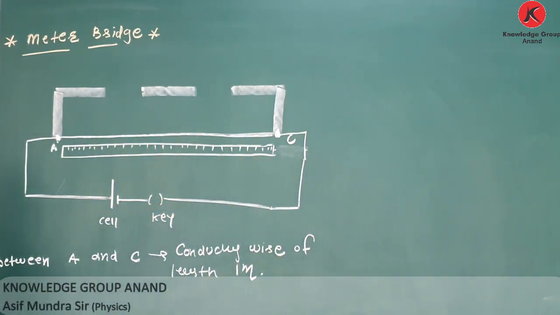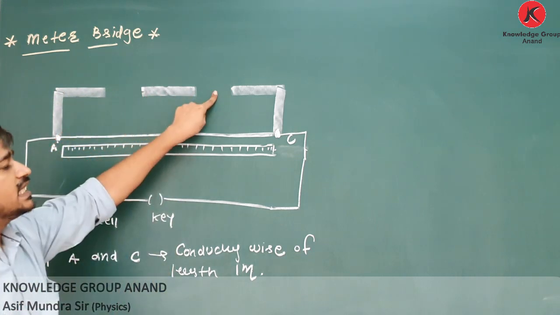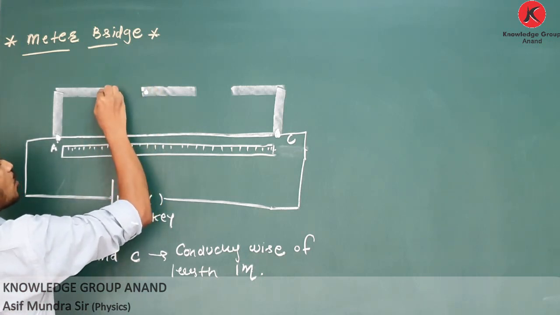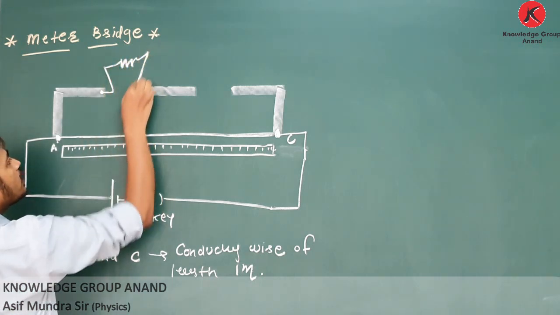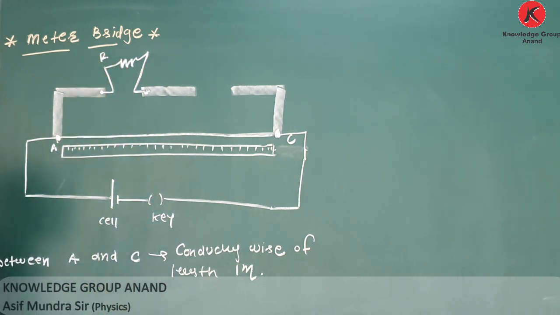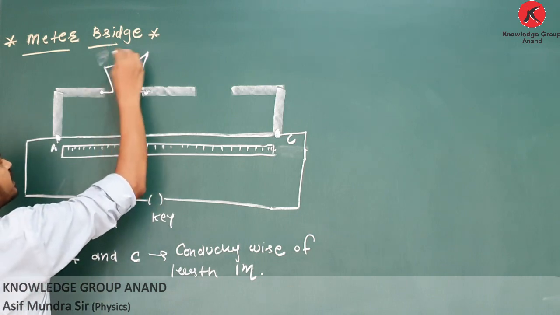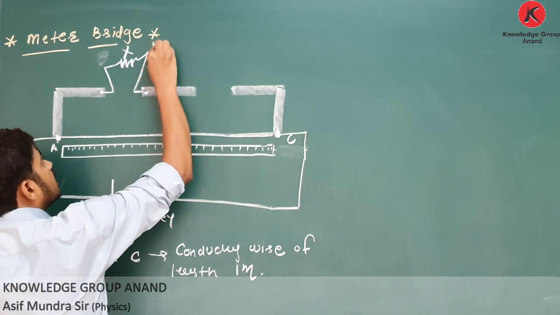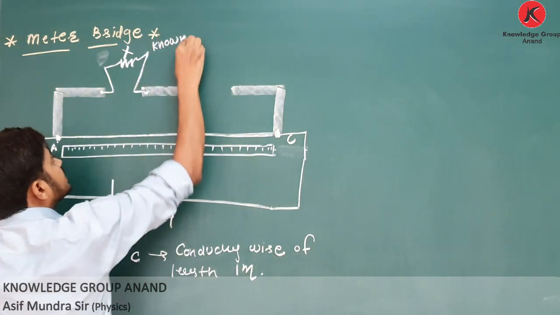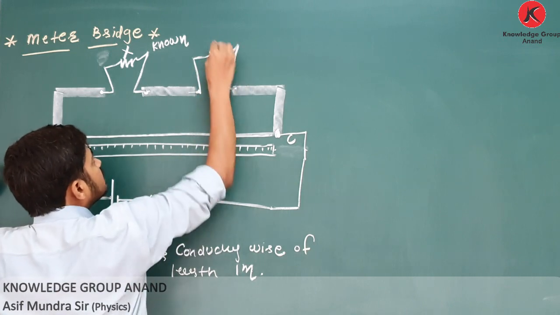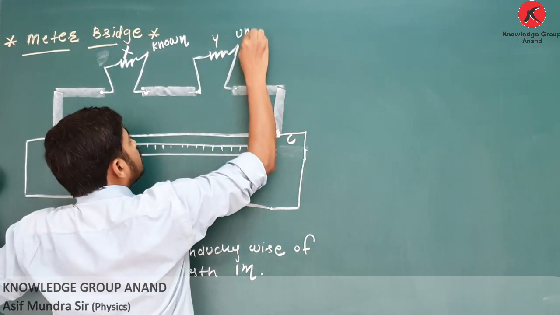Now, these are metallic conductors. Here is one gap, here is a second gap. In the first gap, one known resistance is connected, for example X. In the second gap, there is another resistance Y, which is unknown.